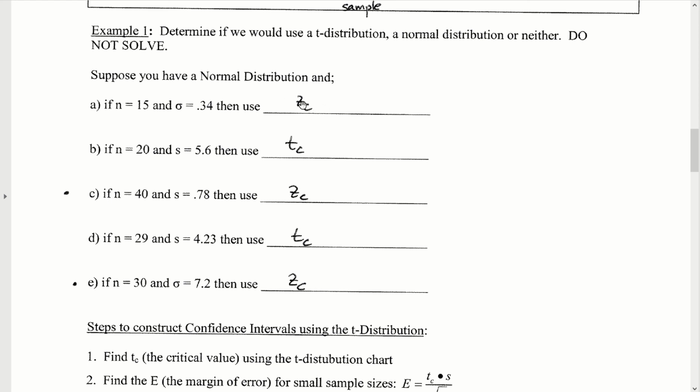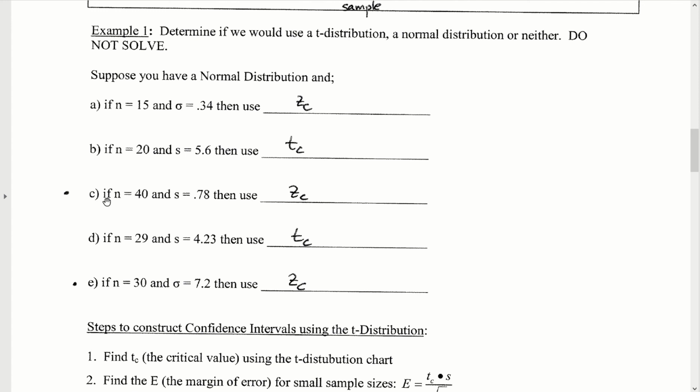So for that type of problem, we would use a z-critical score. In part B, we have a sample size of 20, so it's another small sample size because it's less than 30. And this time we don't know sigma, we only know the sample standard deviation. So this is the case where we would use a critical t-score.